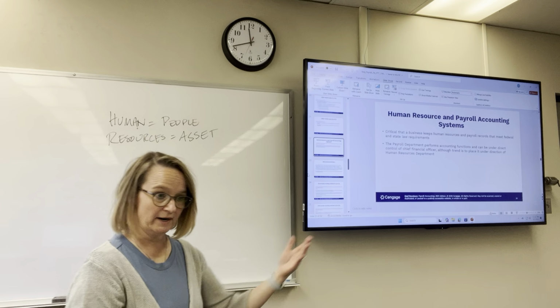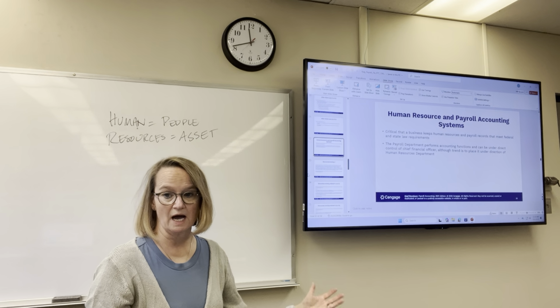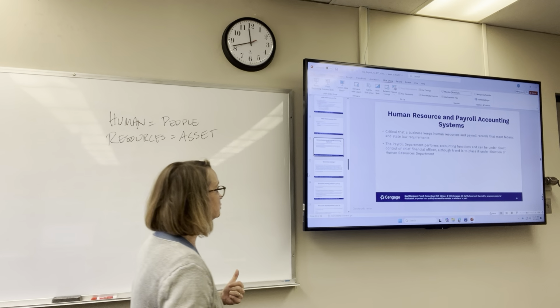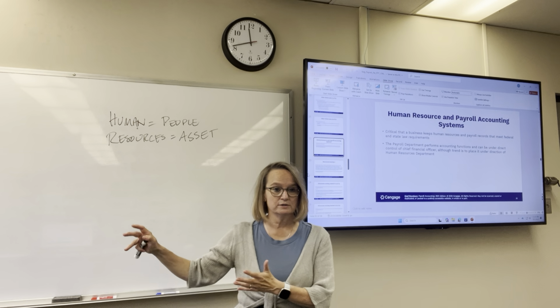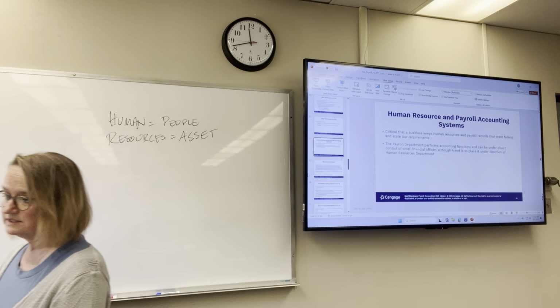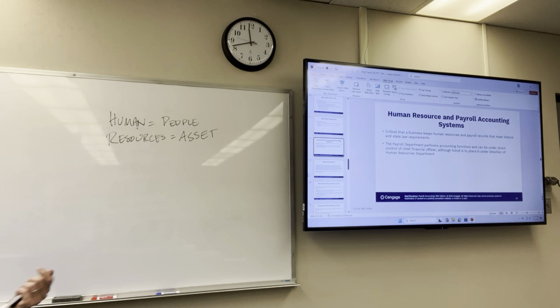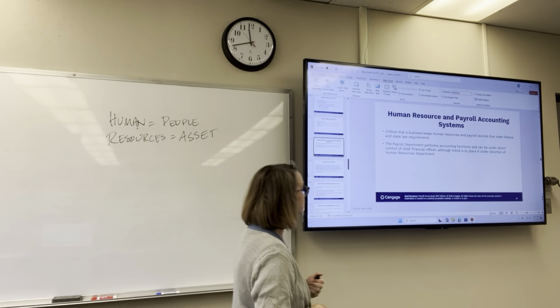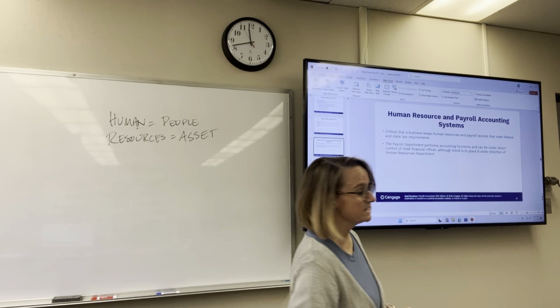And by that I mean right from when an employee is hired throughout their tenure at the organization, right up through their termination, whether it be voluntary or involuntary. So every step of the way, human resources is there to manage those assets of the organization.